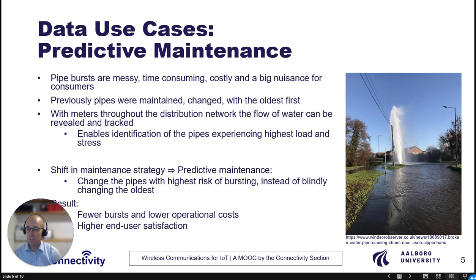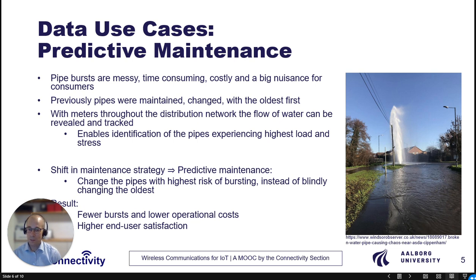But there's another parameter that comes into play when it comes to bursts, and that is the experienced load and stress over time. For a segment in a water distribution network, this could be the water pressure and the flow it has endured.